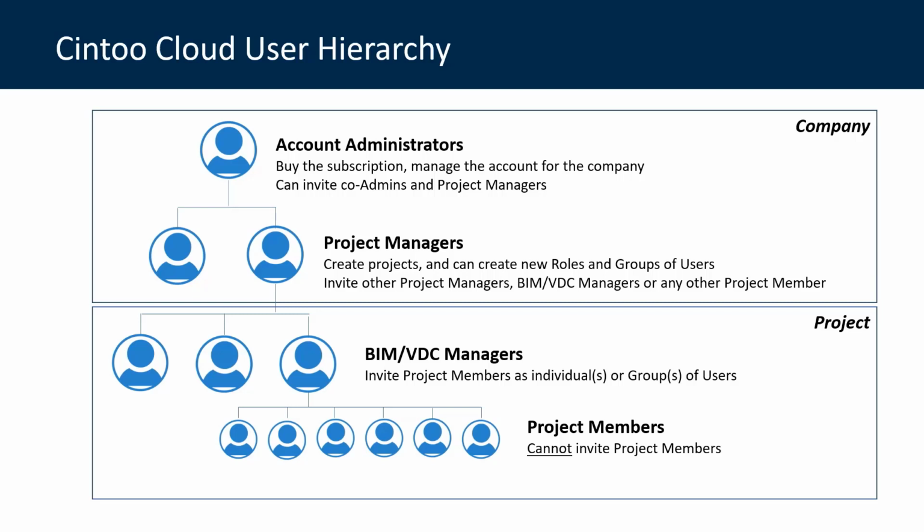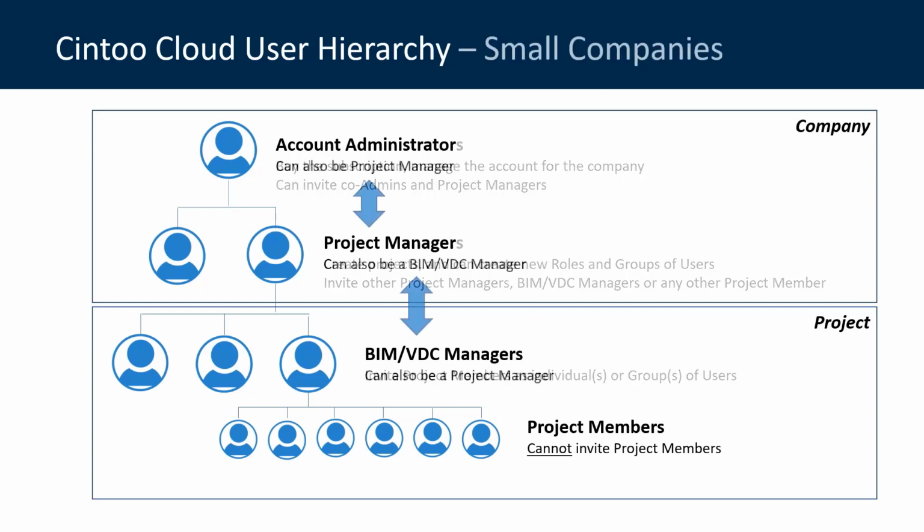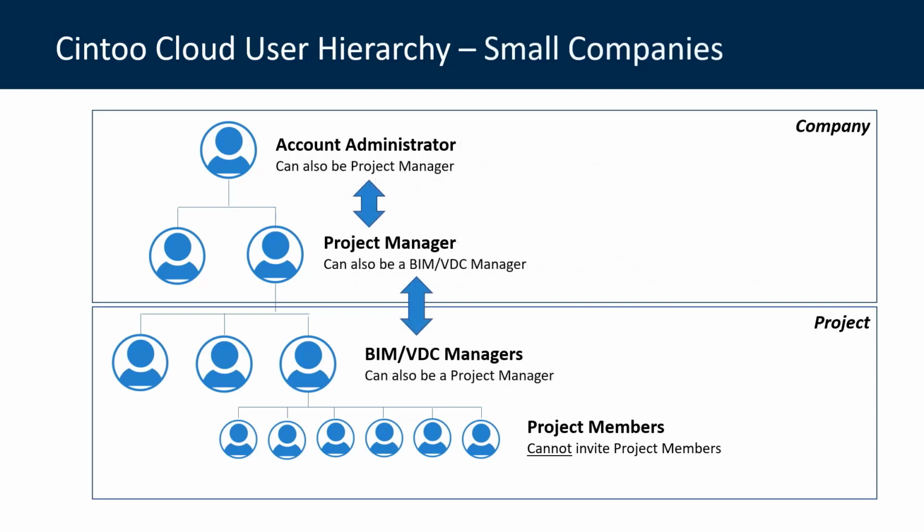They can invite those as individuals or as a group of users defined initially by those project managers. Of course, if you're in a smaller company, all these roles can be played by the same person. So the account admin can be himself or herself a project manager, and also a BIM manager, and this is all managed by the platform nicely.